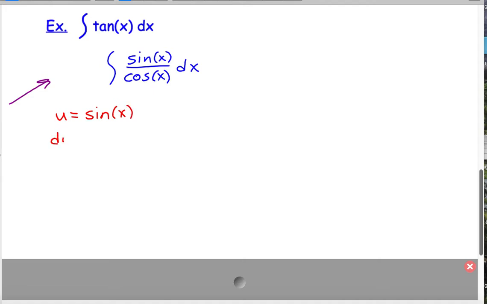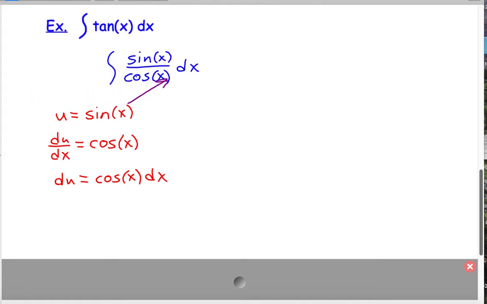Take the derivative with respect to x, and you're going to get cosine of x. And then multiply the dx to the other side, and I'll get cosine of x dx. And I do have a cosine of x in my integral. I do have a dx, but the cosine x is in the denominator. It's not in the numerator, so this isn't going to work. It's not going to help me out.